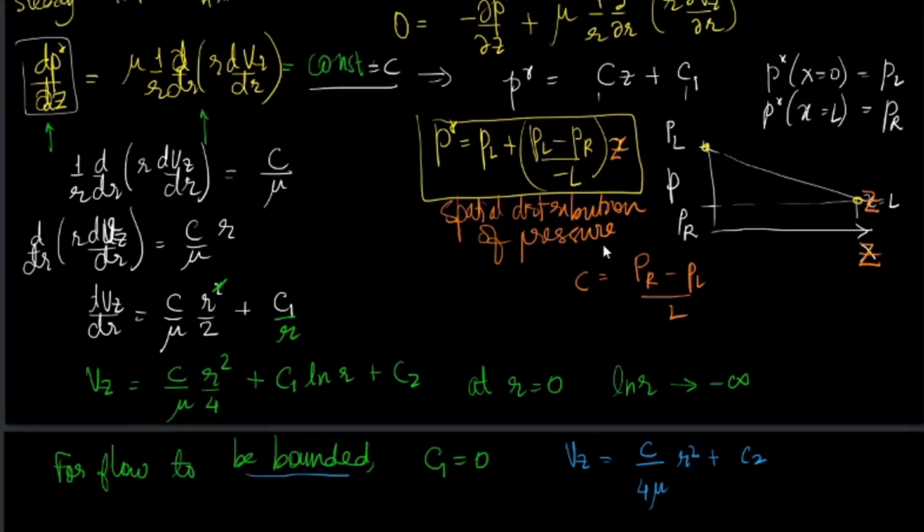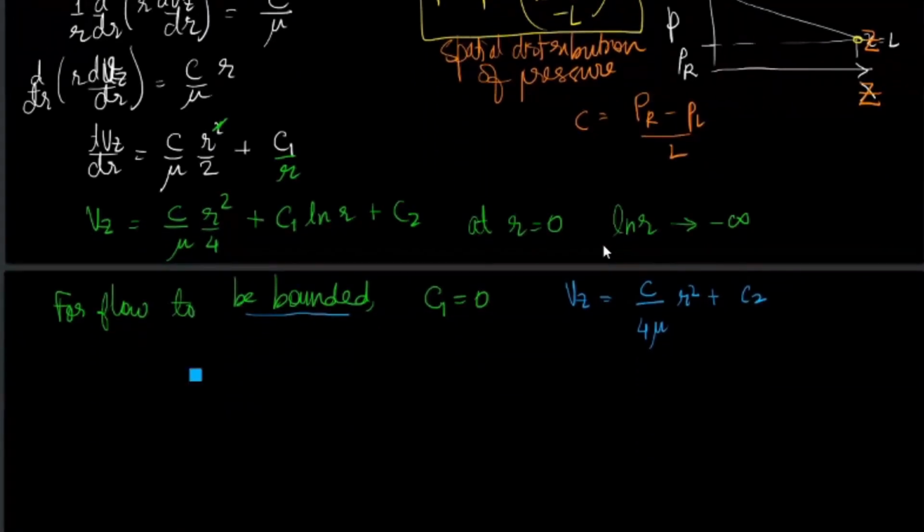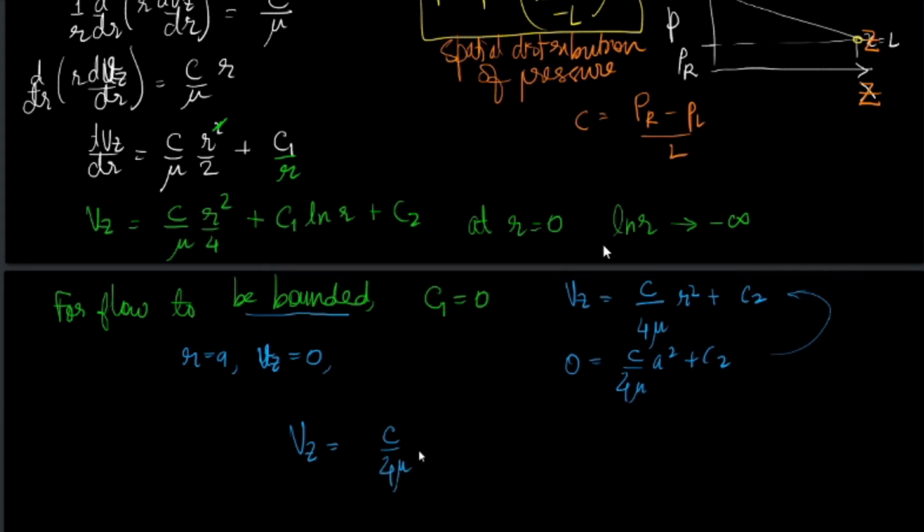And if we look at the condition at R equal to A, Vz equal to 0, then 0 is equal to C by 4 mu A square plus C2. So this gives us an equation for C2 which we can substitute in the velocity profile to obtain Vz is equal to C by 4 mu (r square minus a square), or we can write it as minus C by 4 mu times a square (1 minus r square by a square).